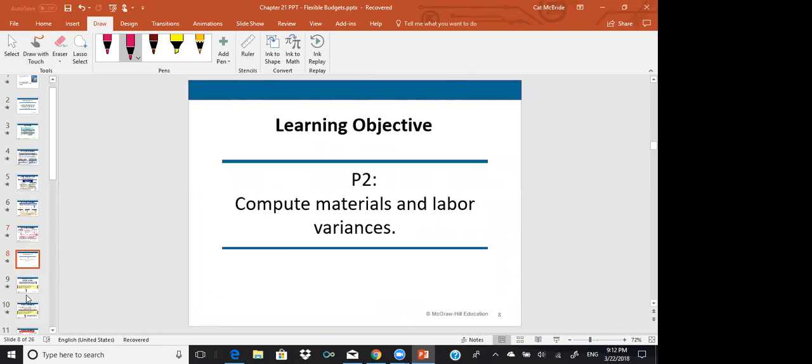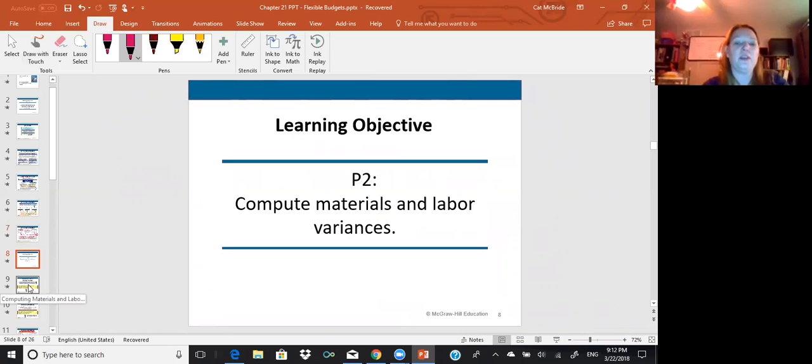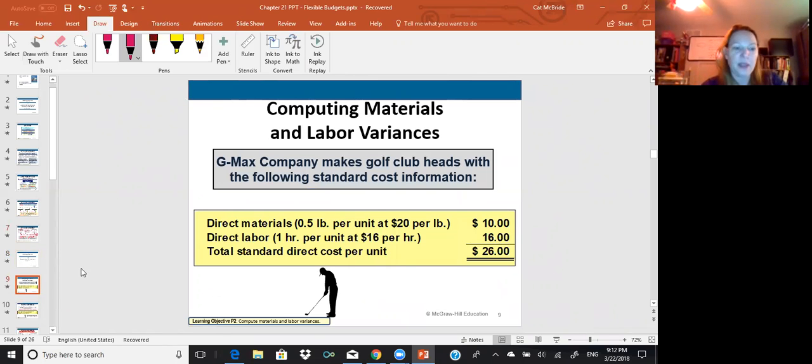Okay. We're going to look at materials and labor, and the good news is all of them work exactly the same. The biggest thing is just getting in your head what the data is telling you. So here, GMAX company makes golf club heads. We know that our direct materials are 0.5 pounds at $20 per pound.